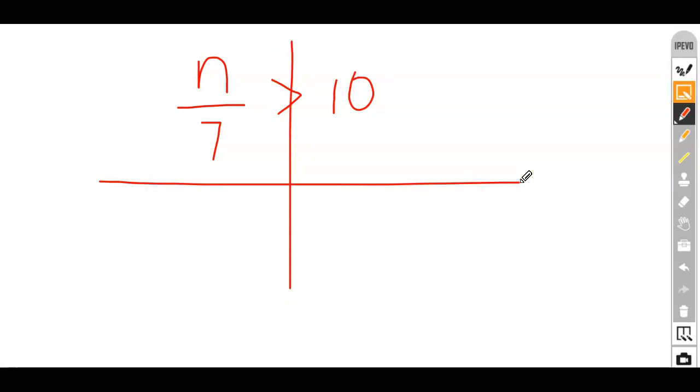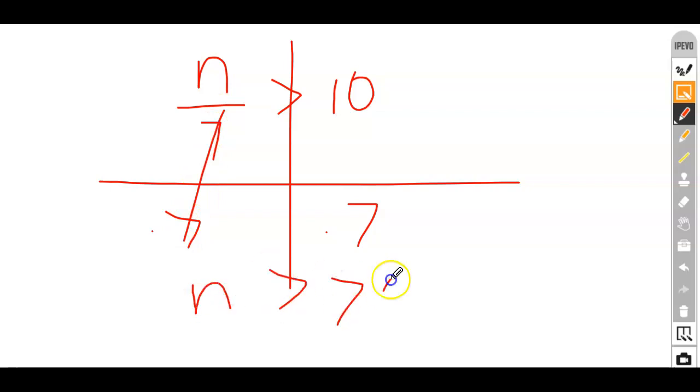Topic 5.5 now says we are dividing and multiplying. So we'll go n over 7 is greater than 10. So anybody got any ideas on how we solve this? Daniel? Right, we're going to multiply both sides by 7, because we get rid of division by doing the inverse operation.